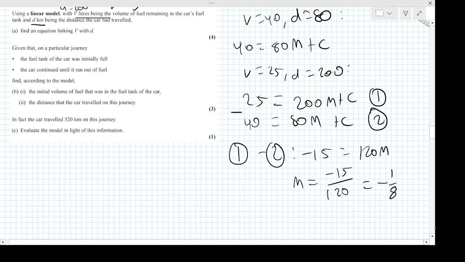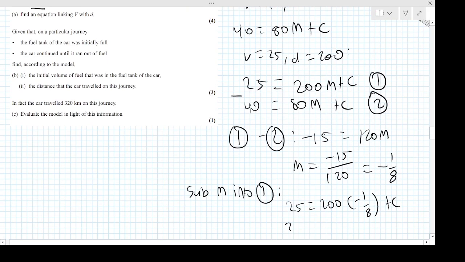Cool. Okay, well now I've got m, I can substitute it back into either of these equations. Let's do the first one. So I'm going to sub m into the first equation. Then I'm going to get 25 is equal to 200m, which is minus an eighth, plus c. Therefore, 25 is equal to 200 times an eighth, which is minus 25, plus c.